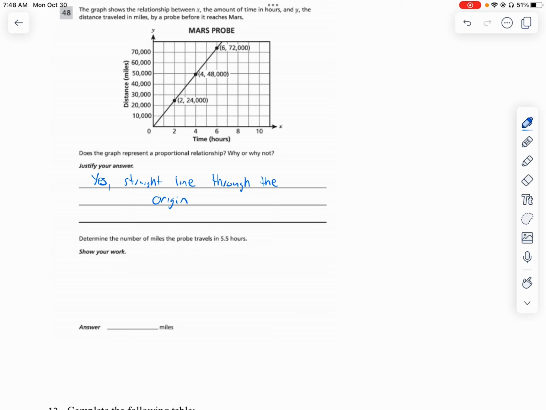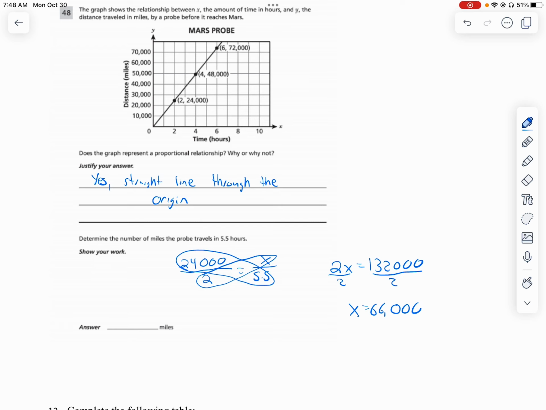Different ways we could do this, but I'm going to set up a proportion again. 24,000 for 2 hours equals x over 5.5 hours. Cross multiply. 2x equals 24,000 times 5.5, which is 132,000. I divide both sides by 2. x equals 66,000. So it is 66,000 miles.